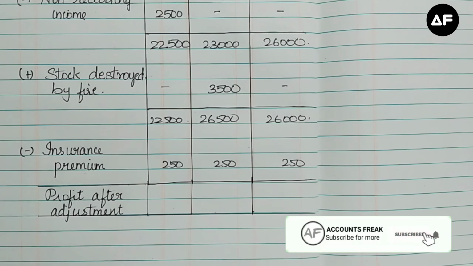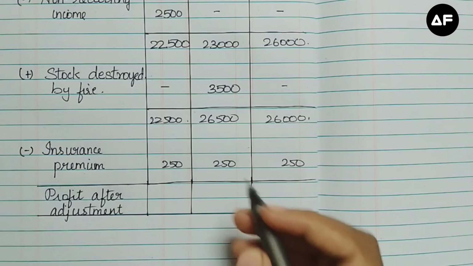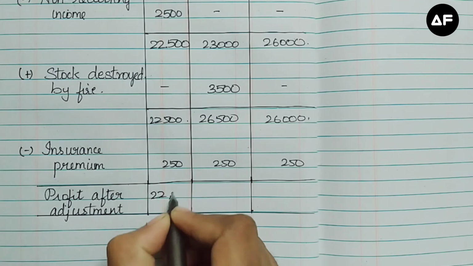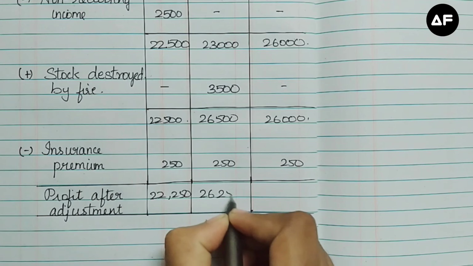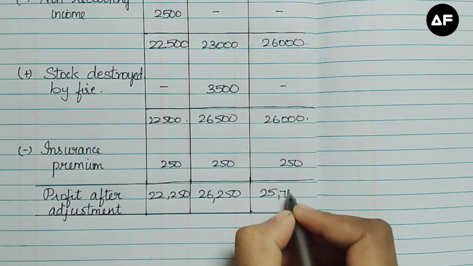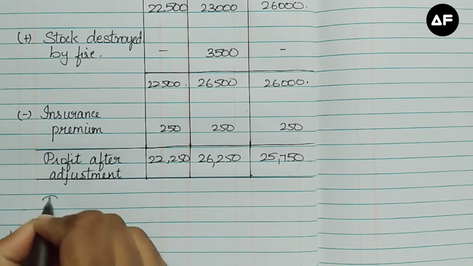Since that is the last adjustment, the answer which we get after it is the profit after adjustment. So 22,500 minus 250 is 22,250. This is going to be 26,250 and this is 25,750.